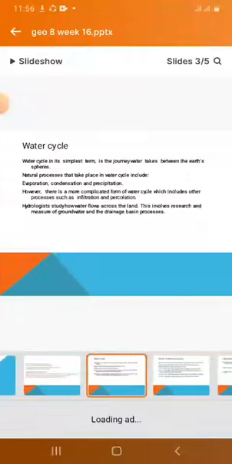Our next point is about the water cycle. Now, the water cycle can be defined in its very simplest terms as the journey water takes between the Earth's spheres.